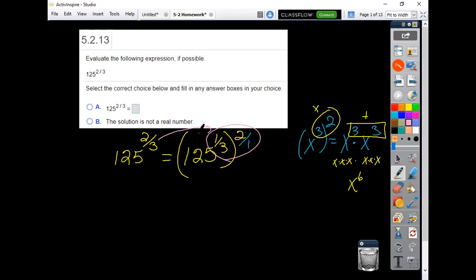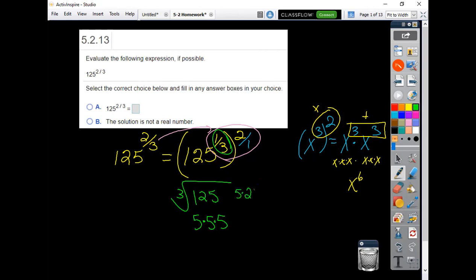So then what you need to remember after that is, what does a 1/3 exponent represent? That's a cube root. And what does a cube root mean? A number multiplied 3 times. And again, if your multiplication facts, times tables aren't really that great, this might be a little challenging for you, but 125, that's like 5 quarters, right?